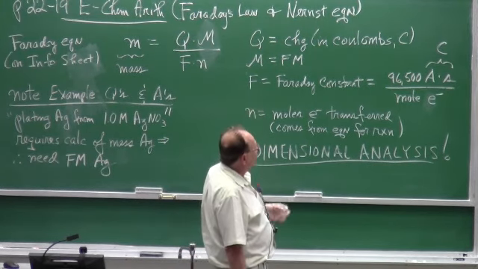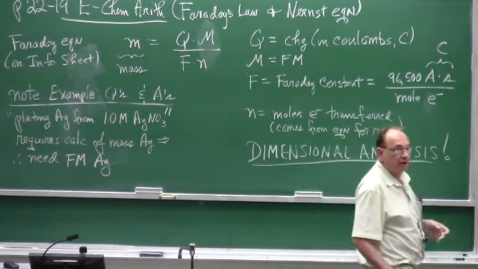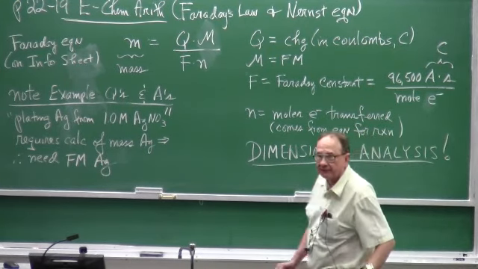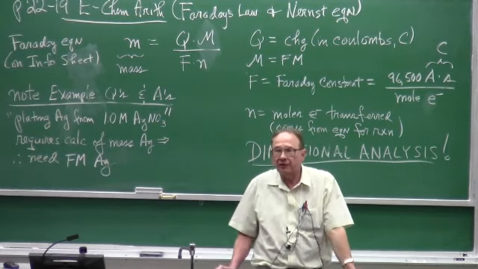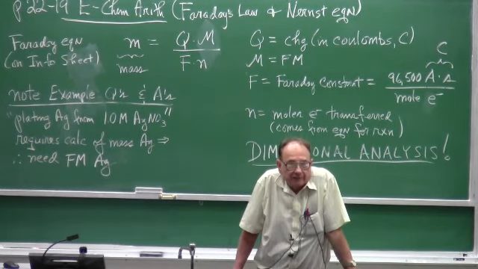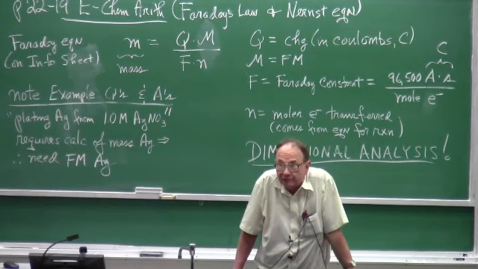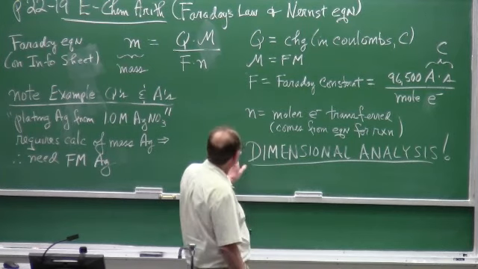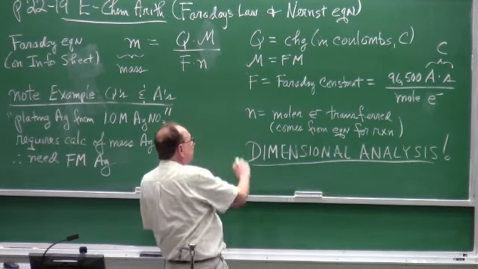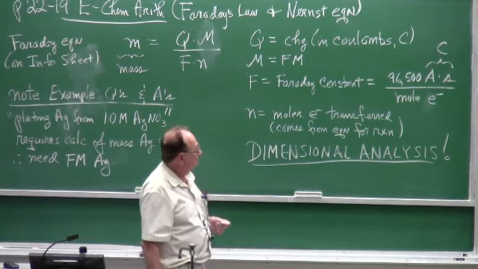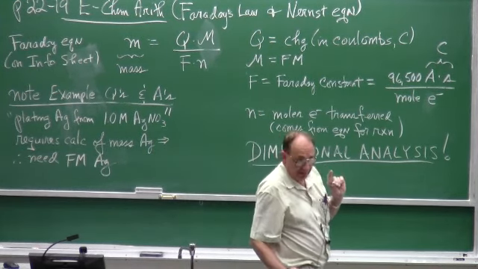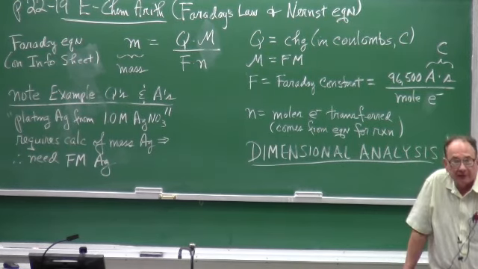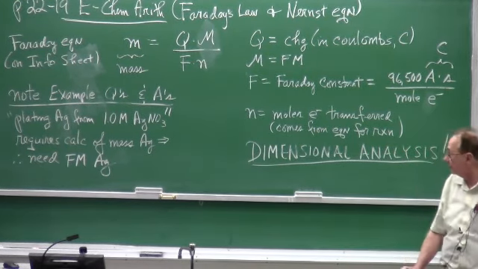Capital F represents the Faraday's constant, which is the total charge borne by a mole of electrons, 96,500 coulombs. Now that's a lot of charge, but then I trust you remember that a mole of electrons is one hell of a bunch of electrons, Avogadro's number of electrons. And N is moles of electrons transferred. You can only get moles of electrons transferred by paying attention to the electrolysis process that's being considered.